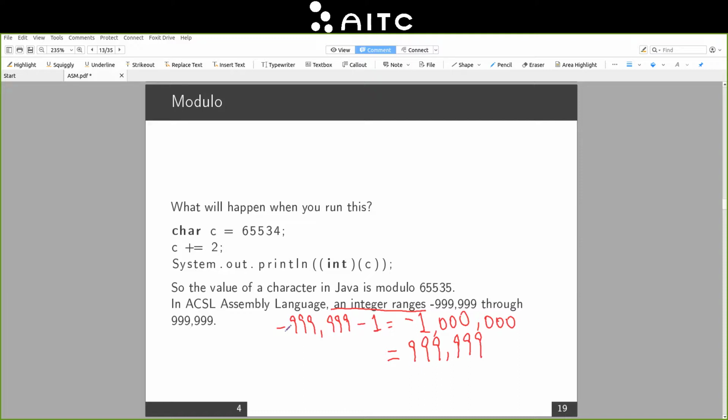All the number ranges are negative 999,999 through 999,999. Is it common sense for everyone, or is it just defined by the examiners of ACSL? Yeah, it only takes effect in the ACSL context, and you can't use this range in other situations. In other environments, they have different ranges.